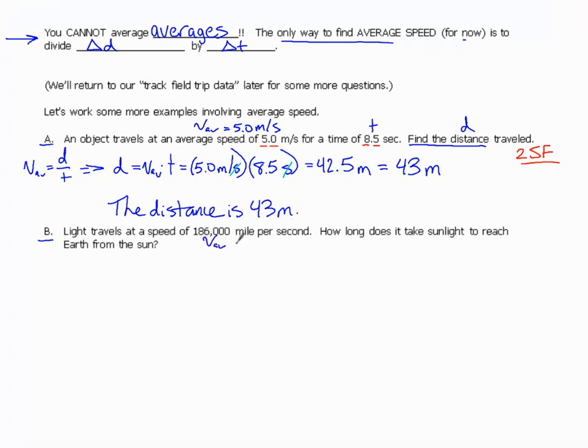There's average velocity. And what is it we're looking for? How long? How long is a question relating to time. If you'll notice, we only know one numerical value out of 3, right? Because we have average velocity is distance over time.